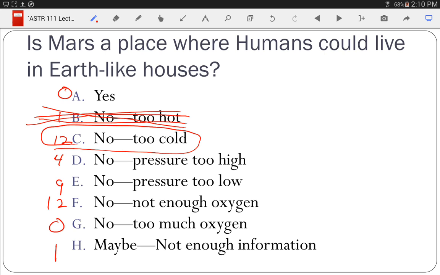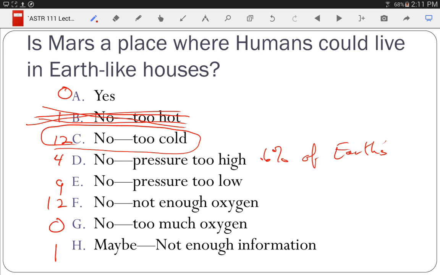Pressure too high. No, no, no, no, no. Remember, it's 0.6% of Earth's pressure. So that's not too high. That's too low. We actually rely on the air pressure for breathing. When you breathe, you tend to think, yes, I pull air in, I push it out, right? False.